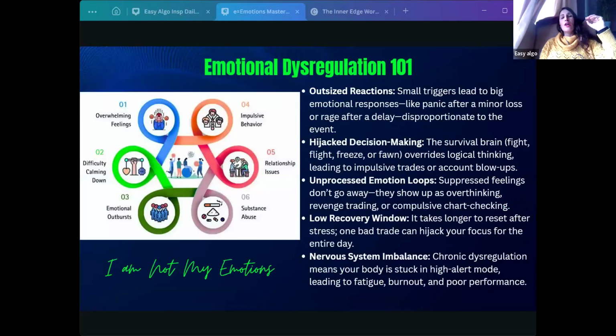Okay, so what is emotional dysregulation? I'm sure for many of you, and maybe just jot down as we look at this, what are some of the things that you are predisposed to when it comes to emotional dysregulation, past, present, or future? Okay, some of the things that we would notice. Some of the main ones is impulsive behavior.